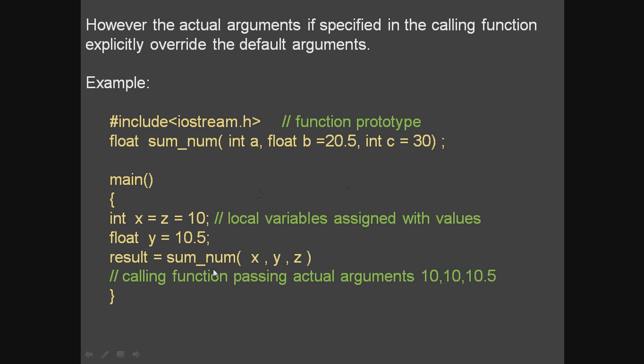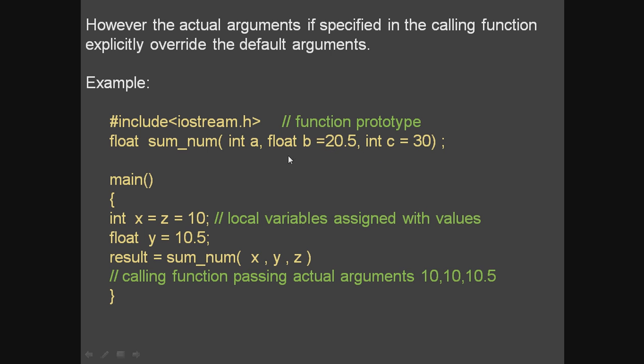The calling function calls the called function and passes these values, that is the actual arguments, 10, 10 and 10.5. So in this particular program, since all the variables are assigned three different values, the default values need not be used, because the values are already passed to the called function, so these default values will not be used in the program.